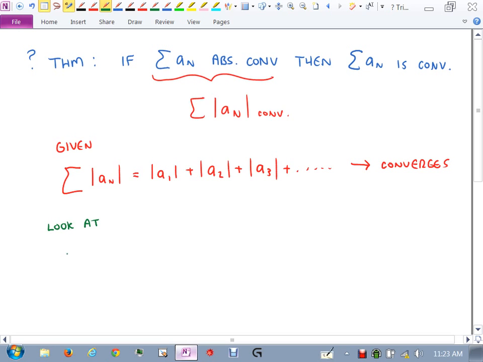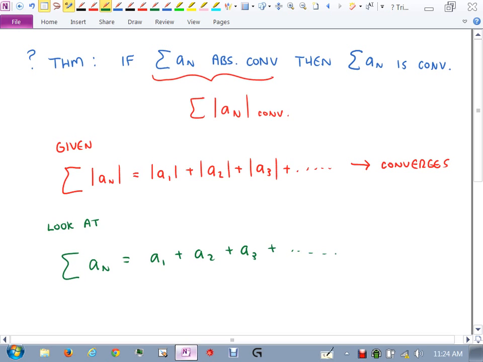Now compare that to this one, with no absolute value. It's just a1 plus a2 plus a3 plus forever. How do I know that's got to converge too? We're adding these up, right? If a1 is positive, isn't it the same as this?